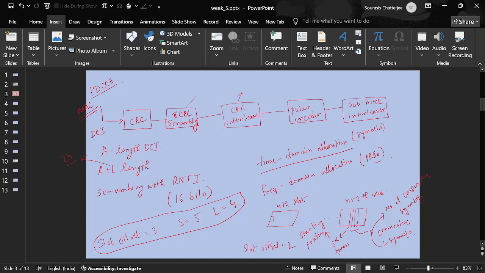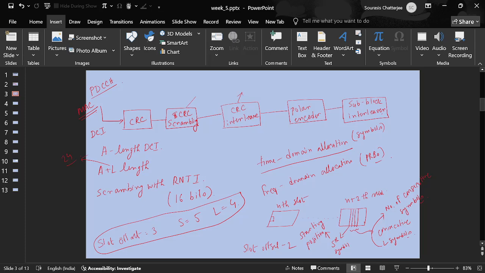For offset 0, the S could be from 1 to 11. Actually, the first one or two symbols, DCI is in symbol 0, mostly. So there are 16 such possible combinations for offset 0, so that means you will have 4 bits.